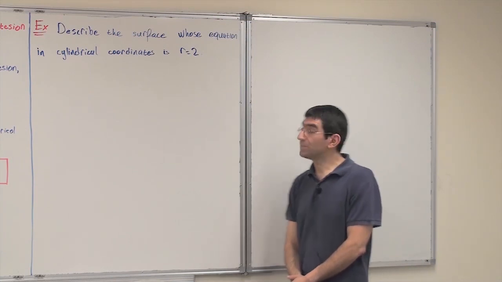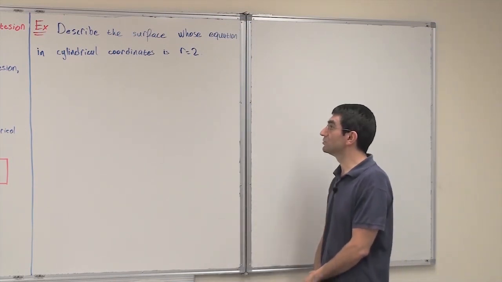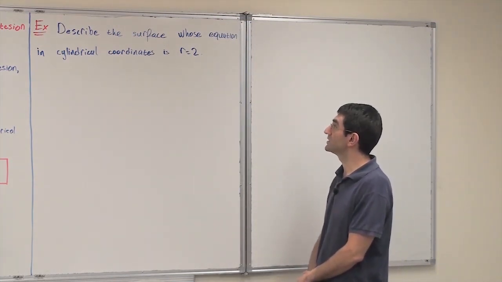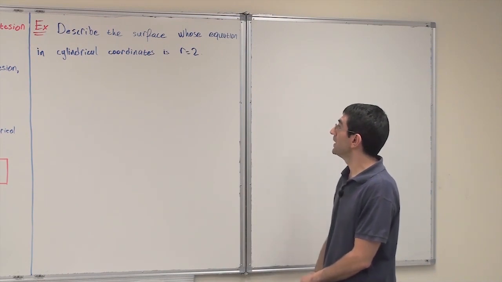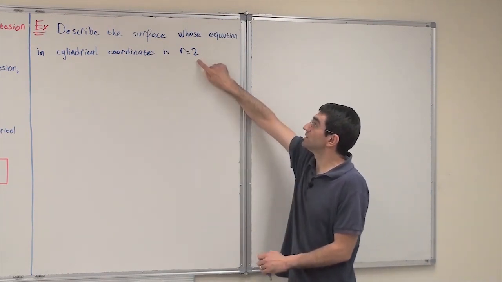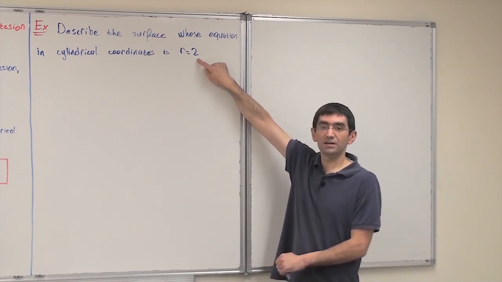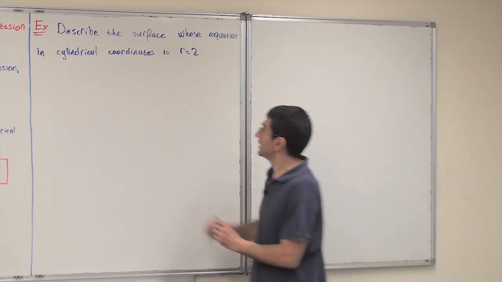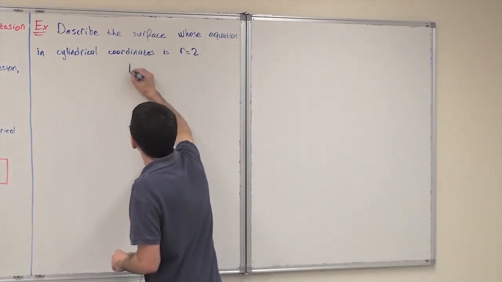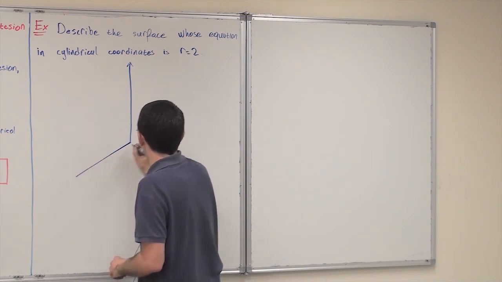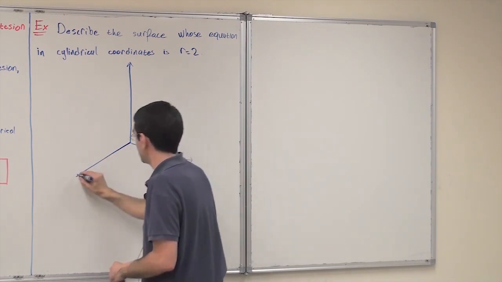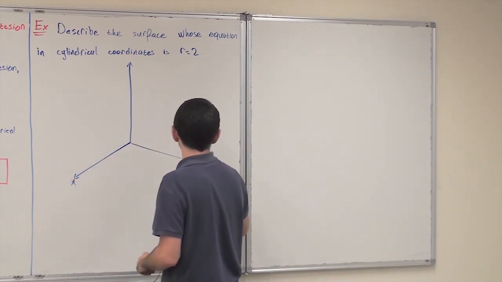In this exercise, we want to describe the surface whose equation in cylindrical coordinates is r equals 2. Now, in this equation, we don't see theta and z. So this means theta and z are free variables. So let's have here our three-dimensional coordinate system.